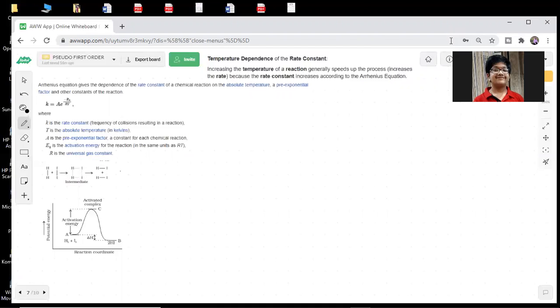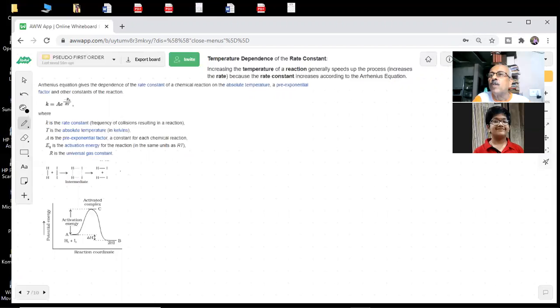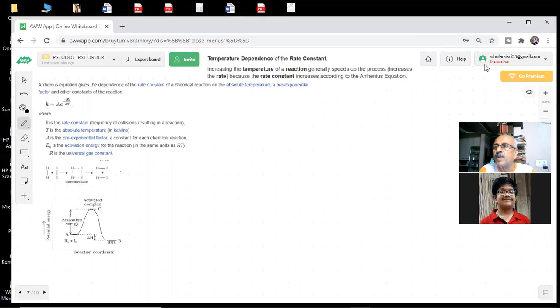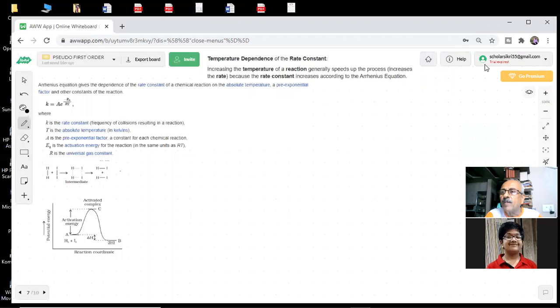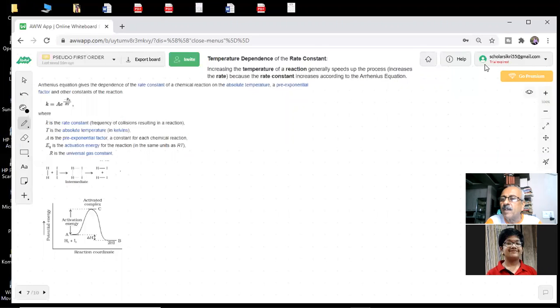As I have always been telling the students, there will be different types of graphs for zero order reactions and for first order reactions. So we should be able to do all this. The graphs are very important.